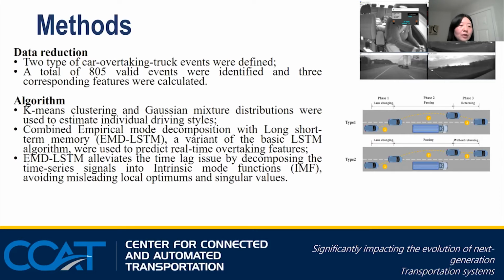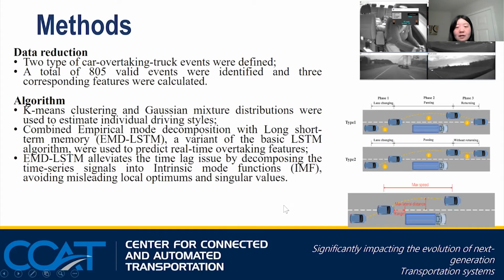Then later on, we used combined empirical mode decomposition with LSTM, which stands for long short-term memory, one of the commonly used deep learning methods in this type of vehicle modeling. Followed by that, for each overtaking event, we extracted a lot of vehicle kinematics and dynamics, including the speed and overtaking speed, and also the lateral movement, as well as the longitudinal movement.